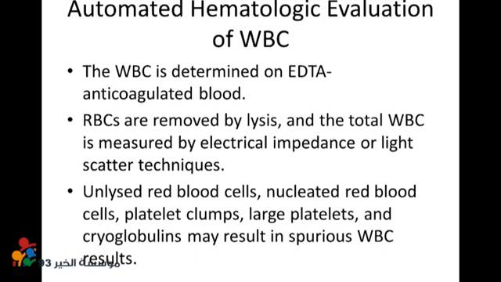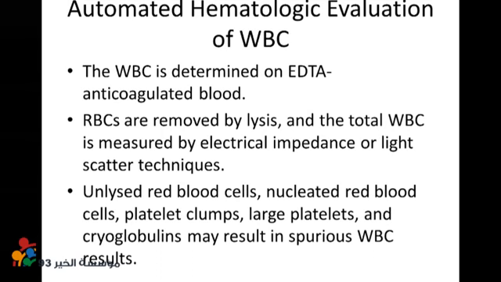And there is an importance for this that will come in a second, but just keep this in mind. Most of the CBC is done on an EDTA specimen. Red blood cells are removed by lysis when they come in the lab, and then the total white blood cell count is measured usually by electrical impedance or light scatter techniques, which I will show you in a second.